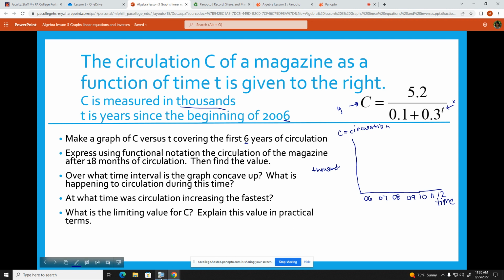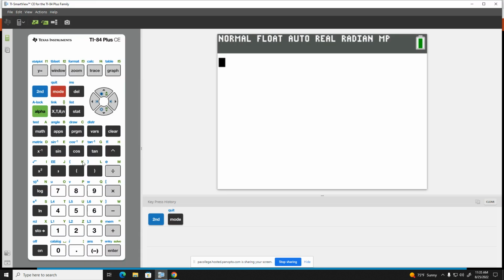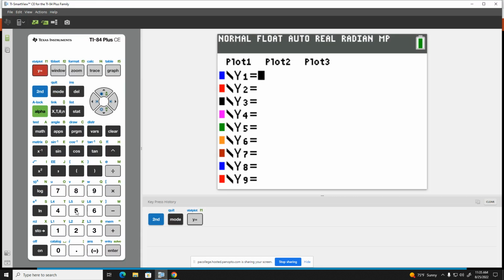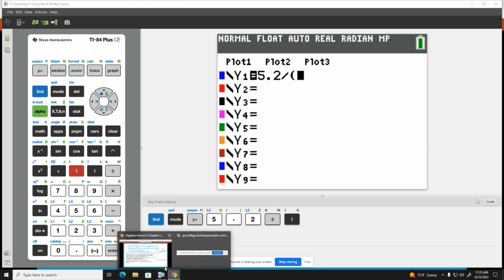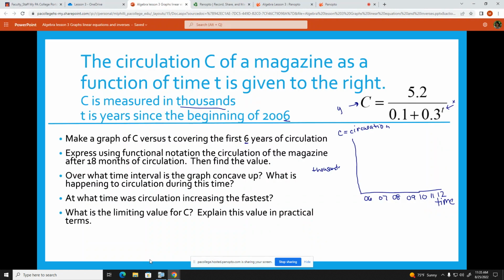So in my calculator, I want to type this. I have 5.2. So I go over here, y equals, clear out anything, 5.2 divided by, and then because there's math in that denominator, I do have to group that denominator. So I have my first parenthesis, and then I'm going to put 0.1 plus 0.3 to the t.